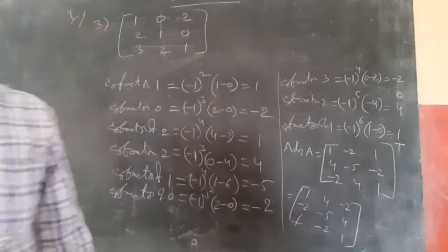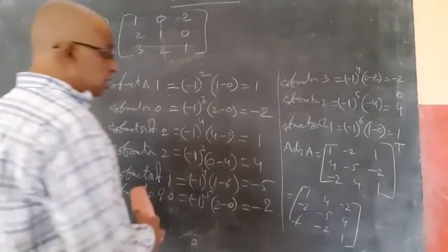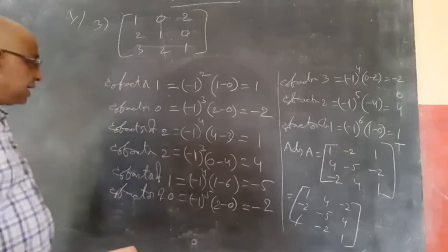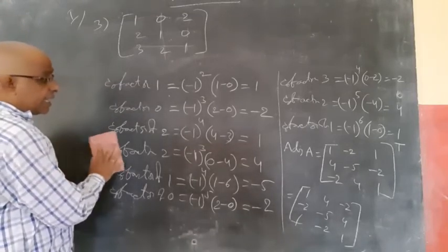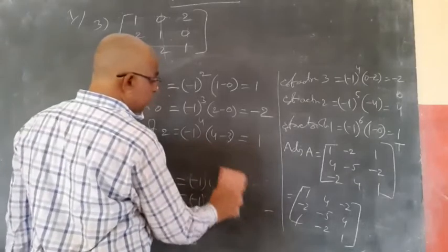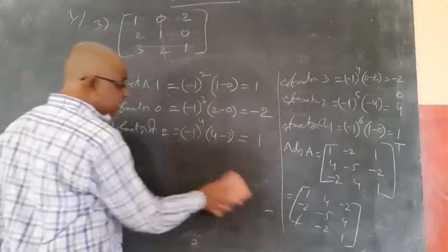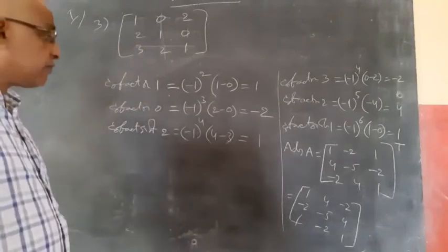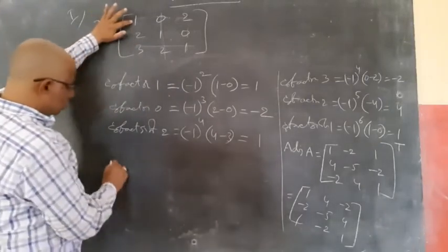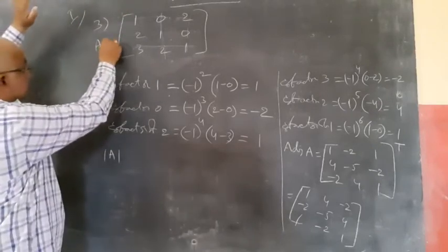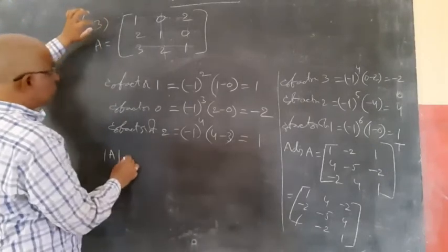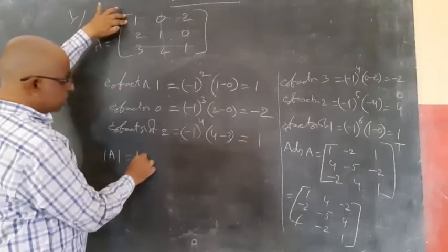Next we need to find A inverse. A inverse means first we need det A. First of all, for finding A inverse we need to find det A. Det A means any row or column multiplied by their corresponding cofactors and added together. So if I take first row, det A equal to 1 into its cofactor.